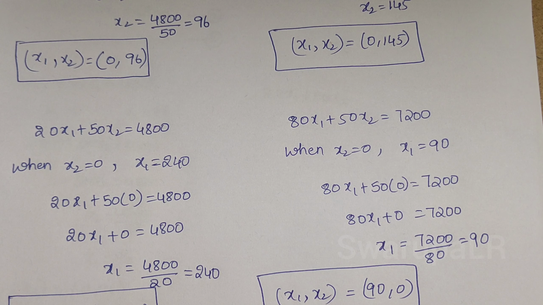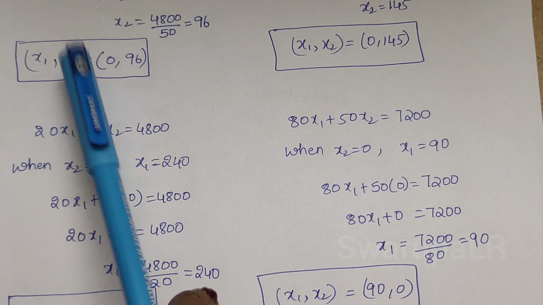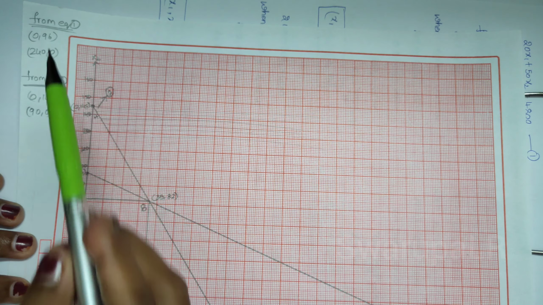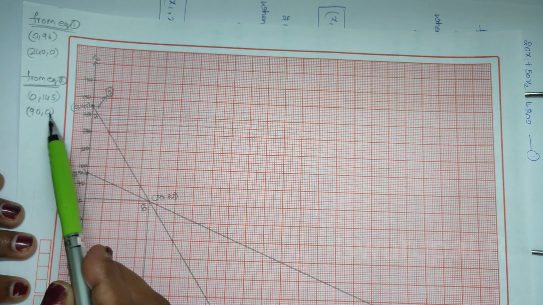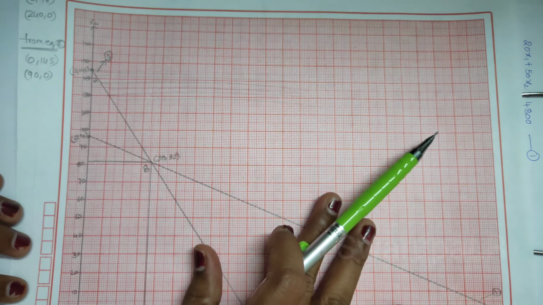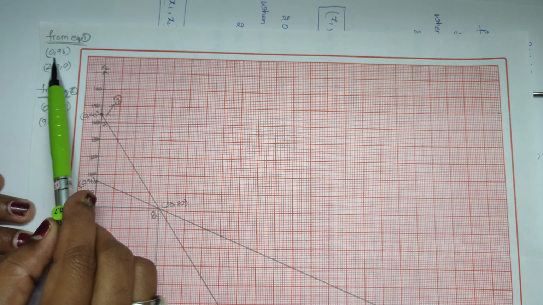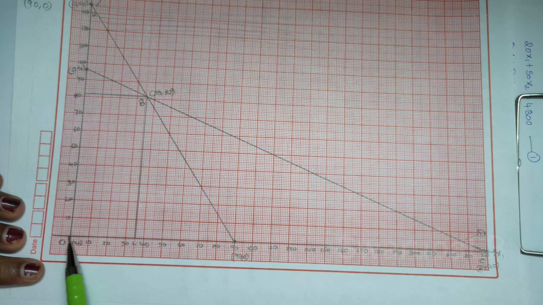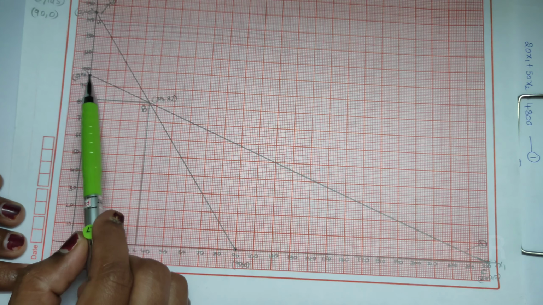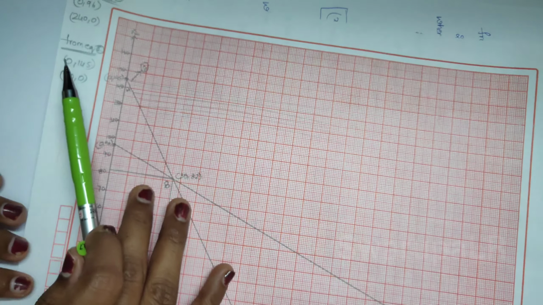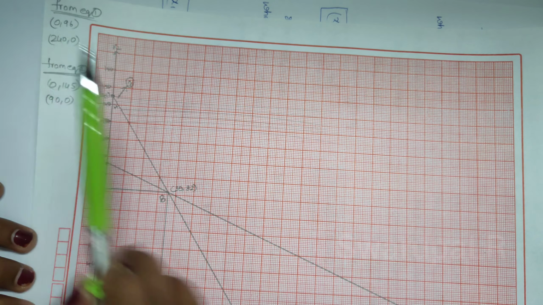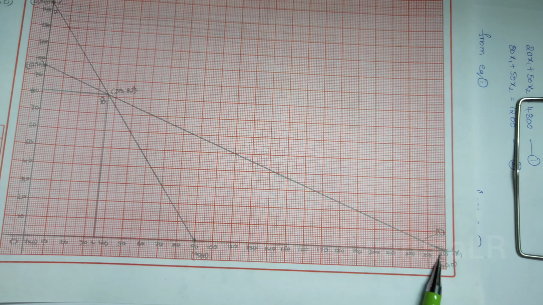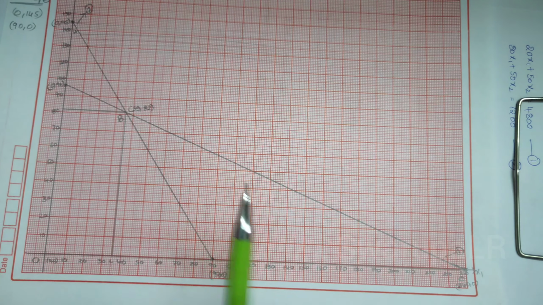In order to find the feasible region, we have to plot these 4 points in the graph. These are the points we have to plot in this graph. See, first is 0, 96. And the second point is 240, 0.